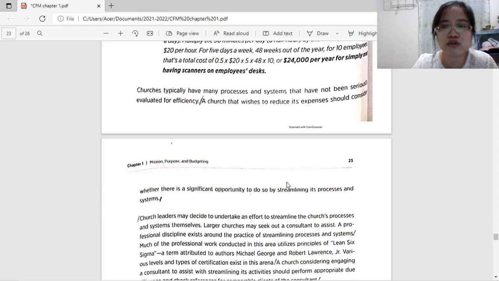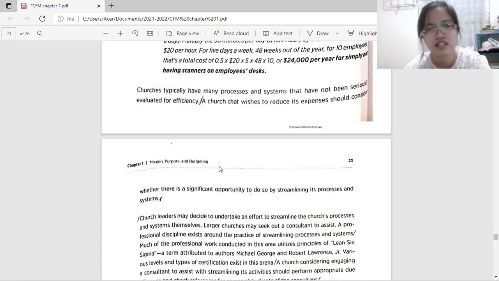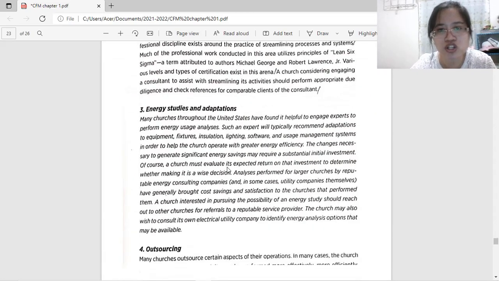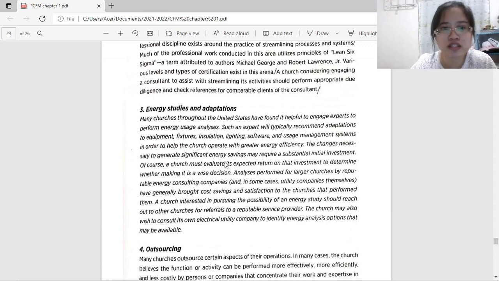And then you have your younger generation who are more aware of the advances in technology that might be utilized by the church to save up on certain costs. So that's one advantage of having the mixed generation in a management team.